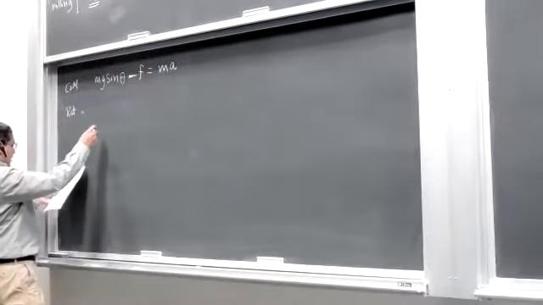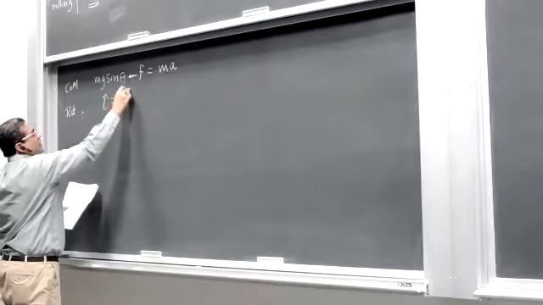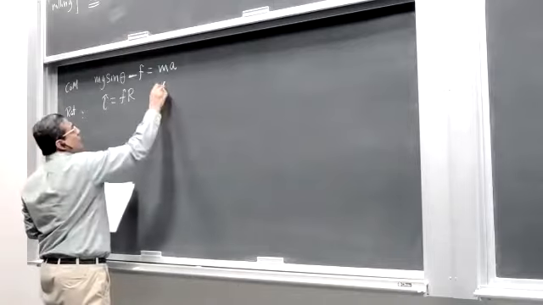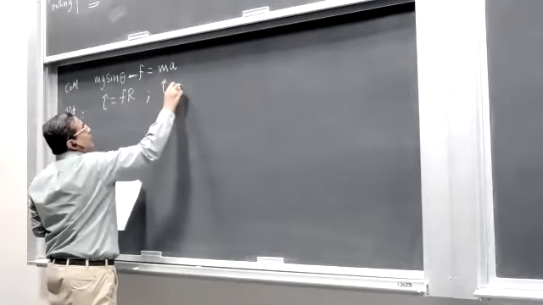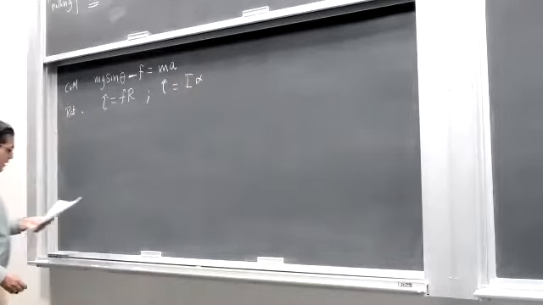So the torque is simply FR. They make a 90-degree angle, right? And we also know that torque is nothing but I alpha, where I is around the center of mass.